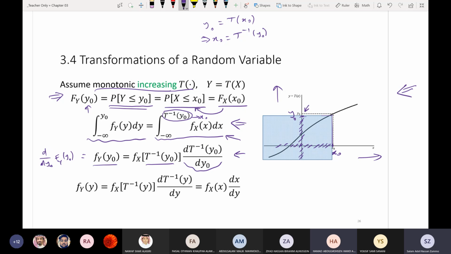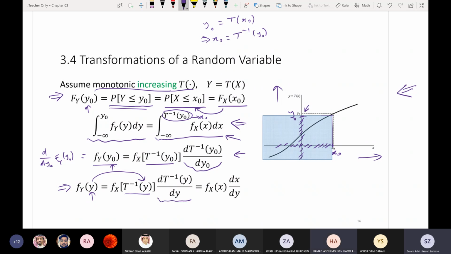So basically, this is at a specific y0, at a specific number. What about if we just leave it open for any y? What will this give you? f_Y of y equals f_X evaluated at T inverse of y, which is x. It's x. However, we want everything in terms of y, so we just remove x and replace it with anything related to y.